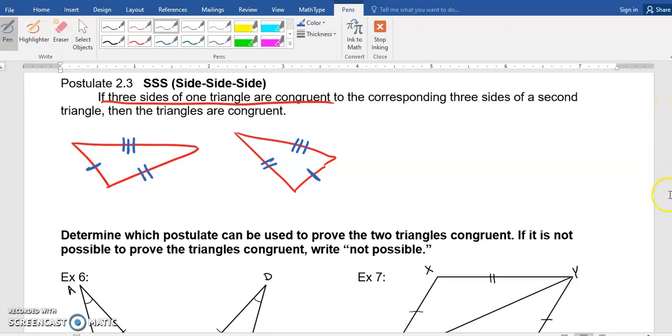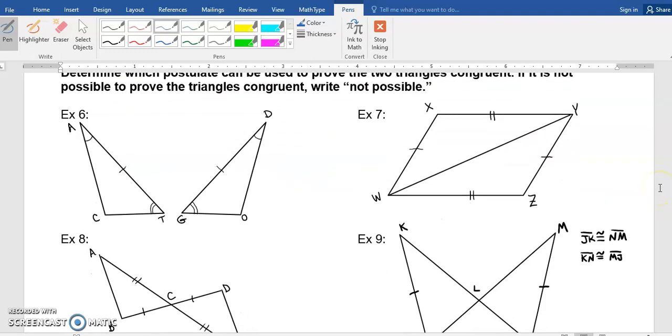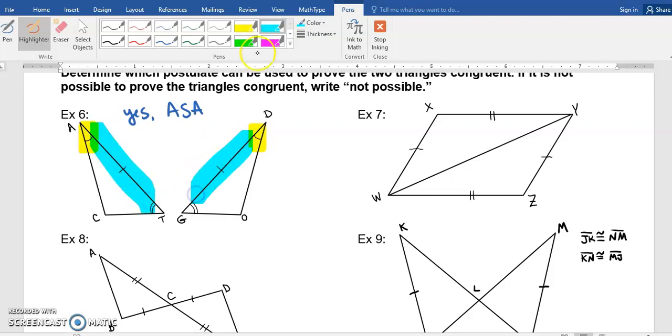So if we need to know very quickly here if these are congruent, we would say yes, these are congruent by angle, side, angle.